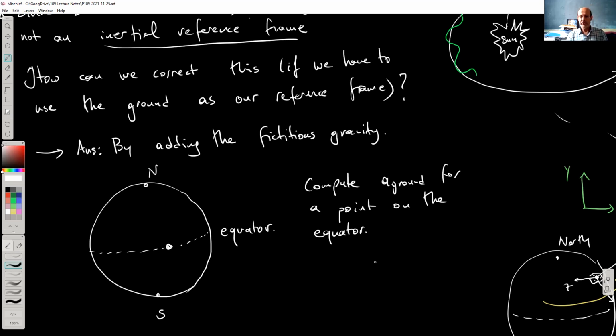So the first question is, this is a relative motion question. In which direction does the Earth move in this rotational motion? Does it move towards east or towards west?